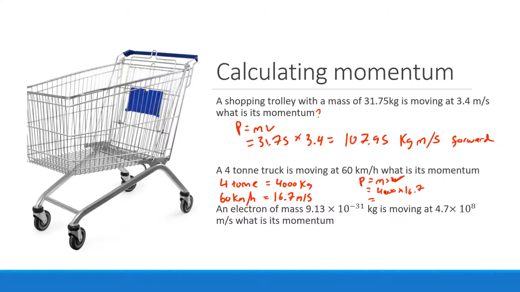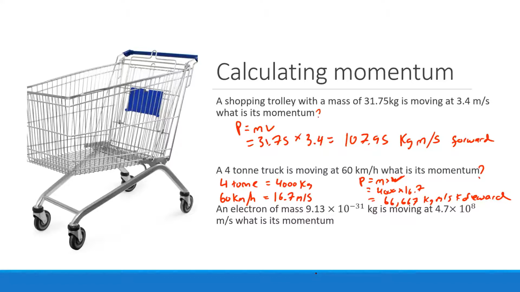Whoa, 666, the devil's number, 66,680 kilogram meters per second forward. Why are you writing forward, sir? Because I asked for a momentum, so I better give a direction. And I probably should have put a direction in these questions.